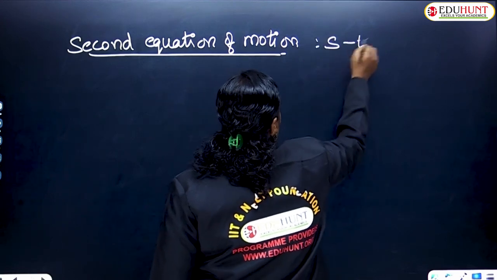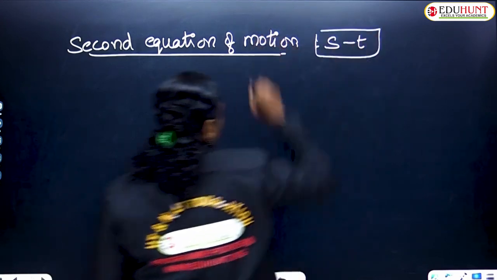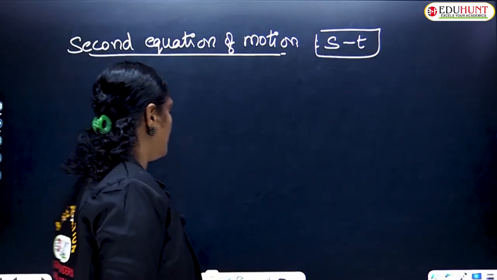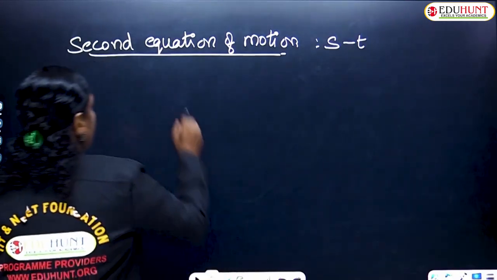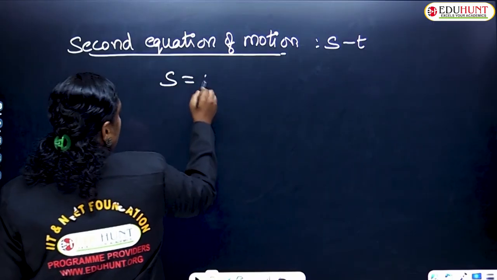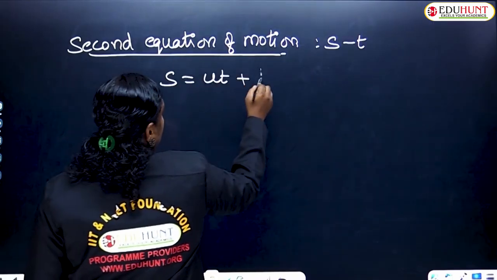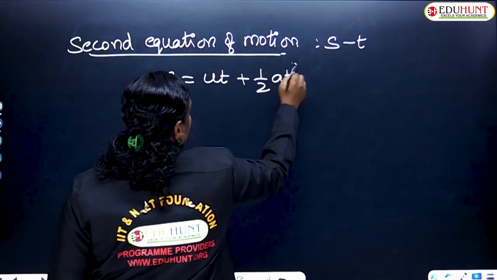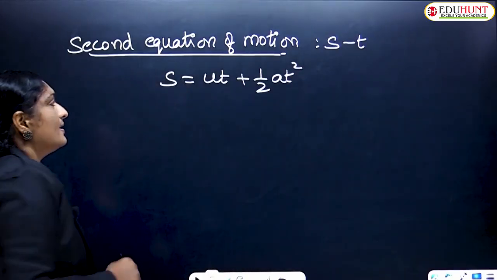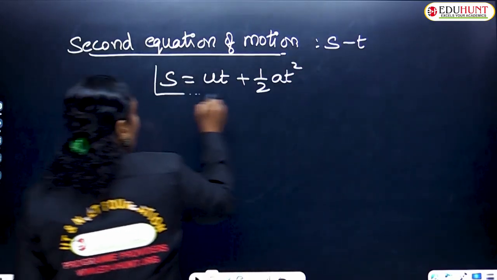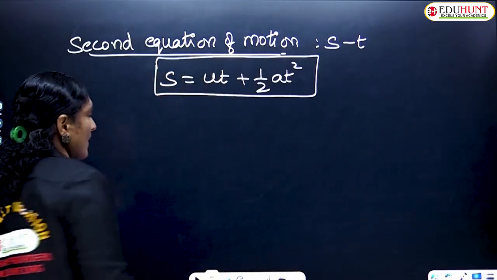The relation between displacement and time is given as s equals ut plus half at square. So children, what is the formula? s equals ut plus half at square.